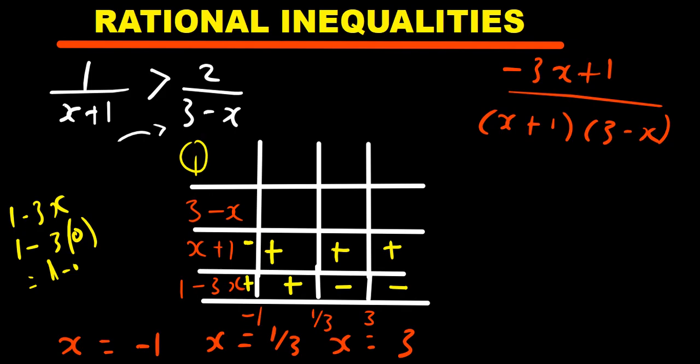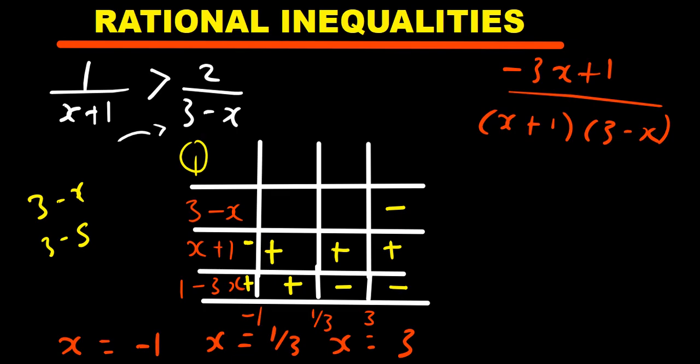Now let's come to 3. Which equation gave us 3? It's the one on top, 3 minus x. For any number greater than 3, let's say 5, 3 minus 5 will give us a negative number. So here we'll have a negative answer.